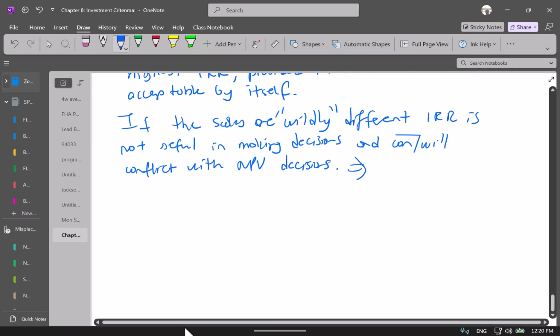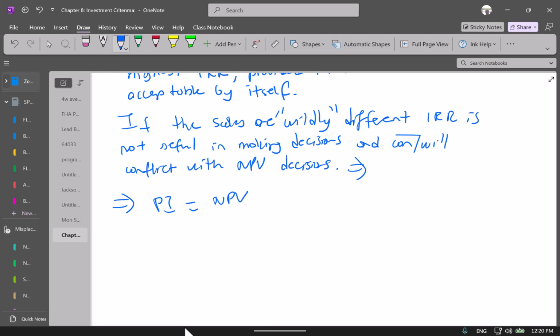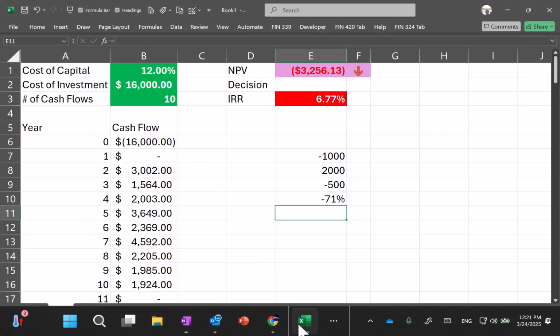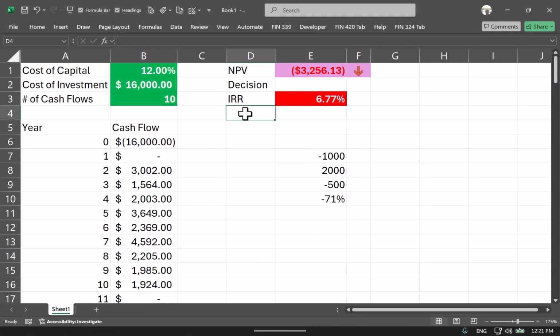We're going to have a similar issue with PI, which, as you know, we can easily calculate as 1 plus NPV over cost of investment. In fact, we already have all the inputs we need.